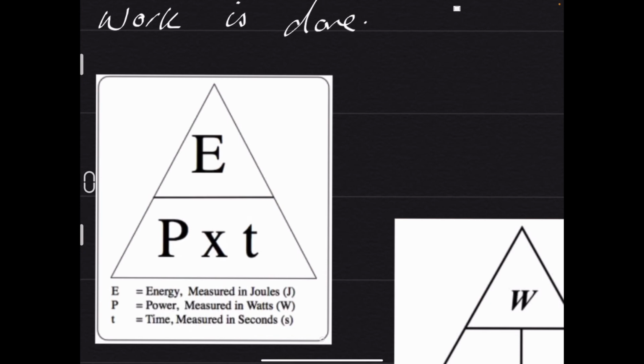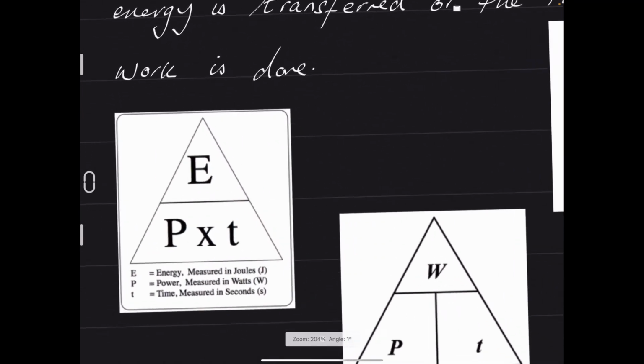If the question is referring to power and wants you to calculate power, or one of the components of this formula triangle, but the question is referring to energy transferred of an appliance or a system, you have to use this equation.